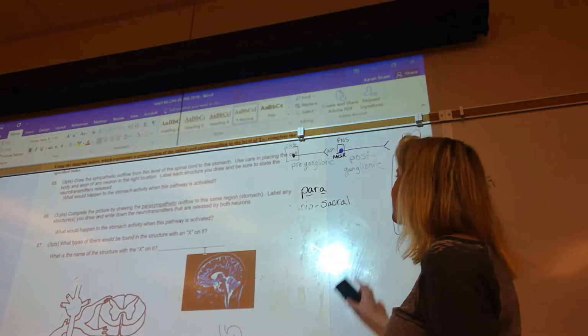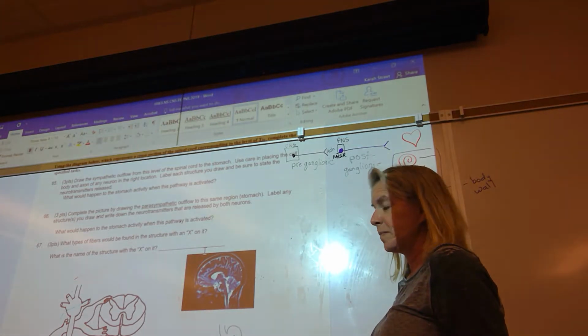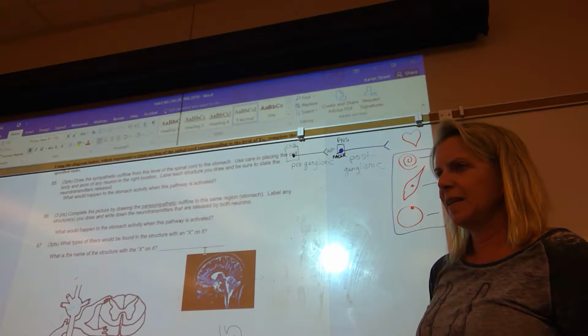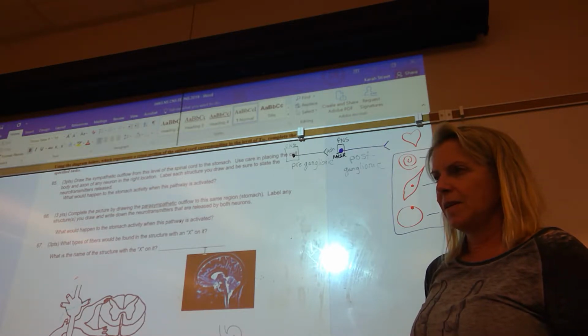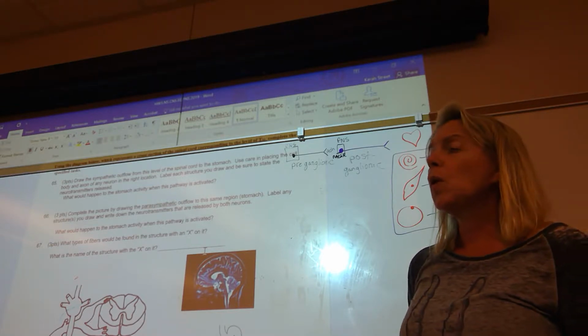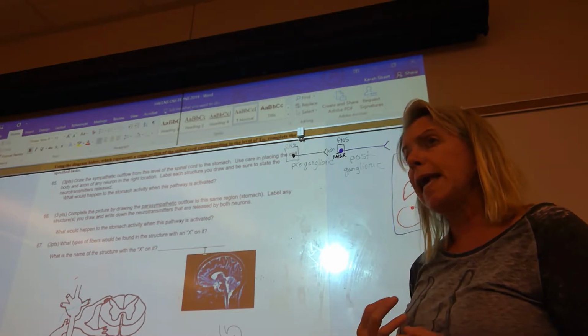So what about driving though? Some people fear for their life when driving. Would that have any impact on sympathetic and parasympathetic, or would that still be parasympathetic? When the sympathetic division reacts, it reacts en masse.